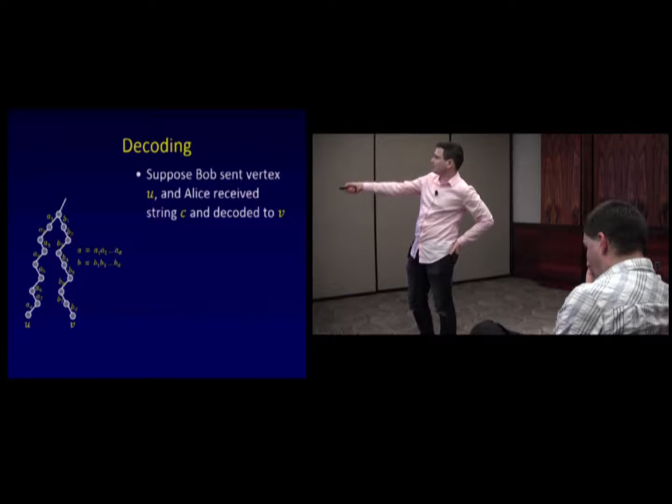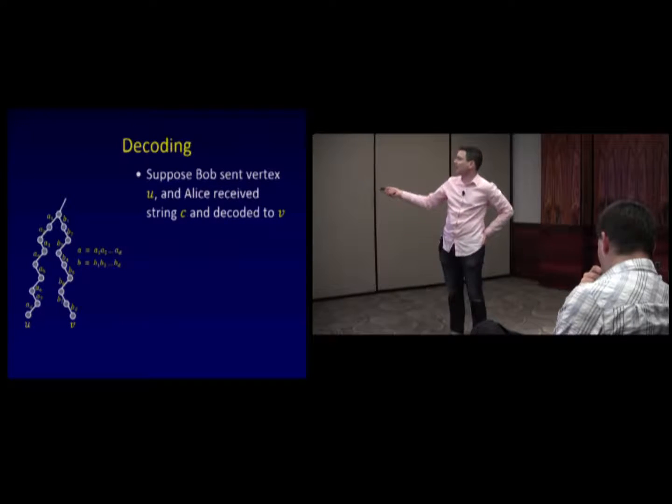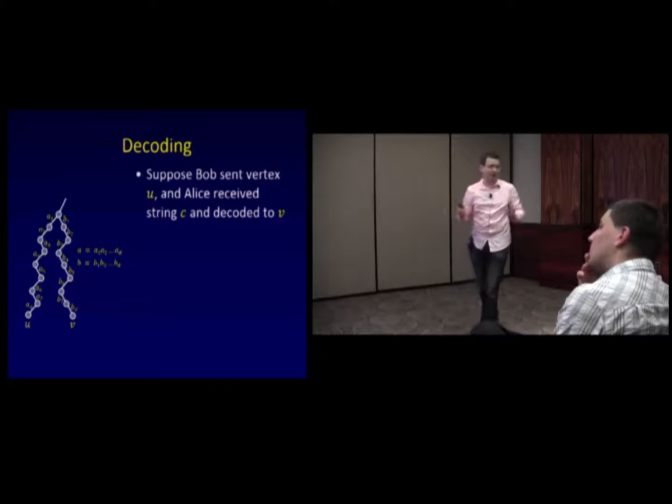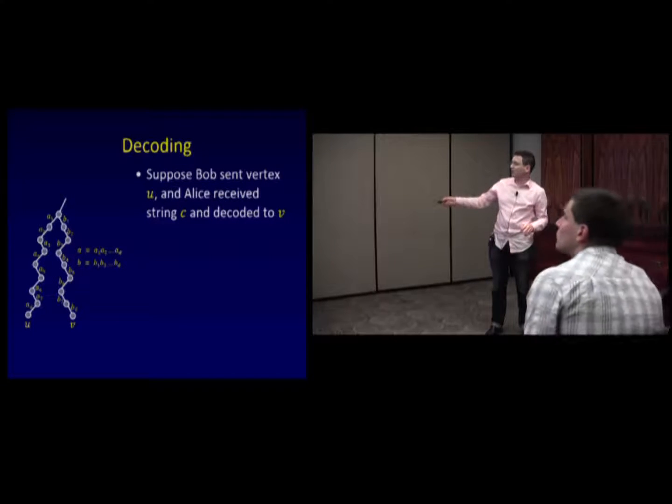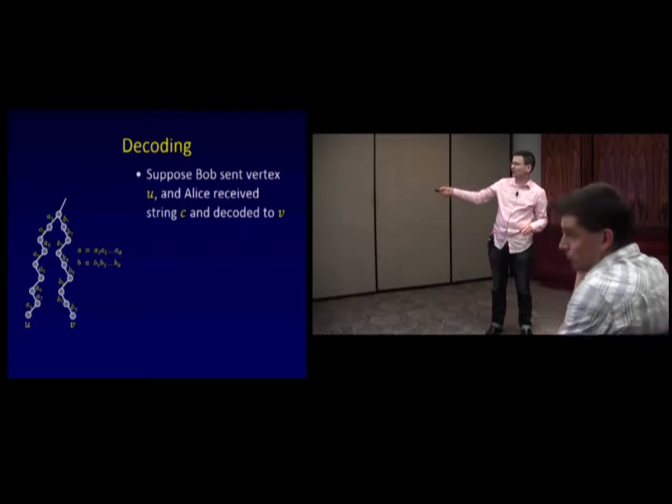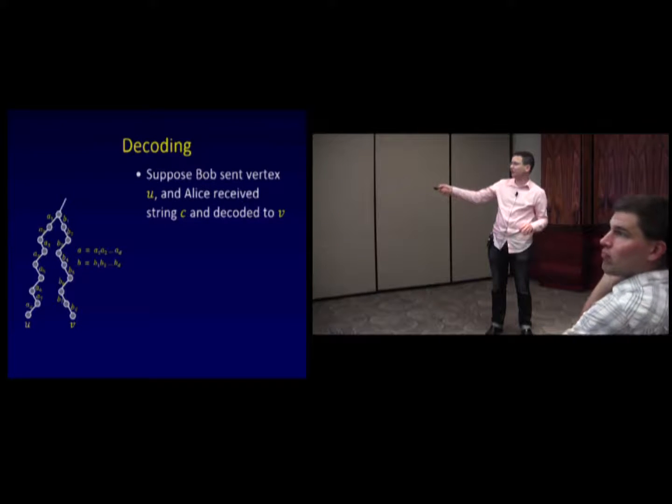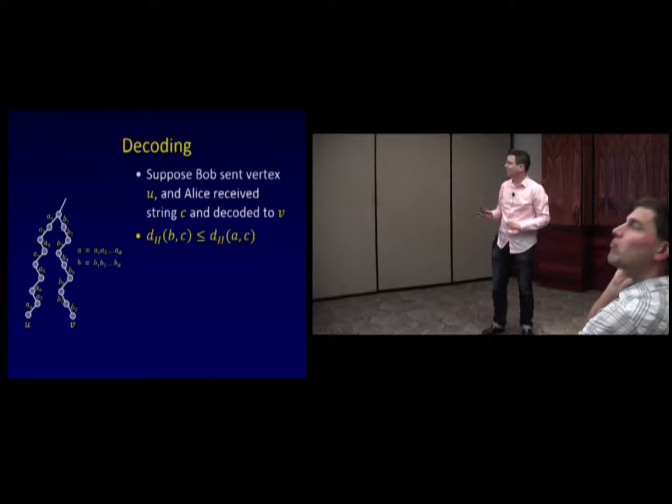Suppose Bob sent a vertex u, that's what he meant. So back here he was sending 0. And the adversary wants to keep Alice from receiving this 0. So the adversary tries to get Alice to decode this v. So this is the scenario. Bob was sending things consistent with u, and Alice decoded things consistent with v.